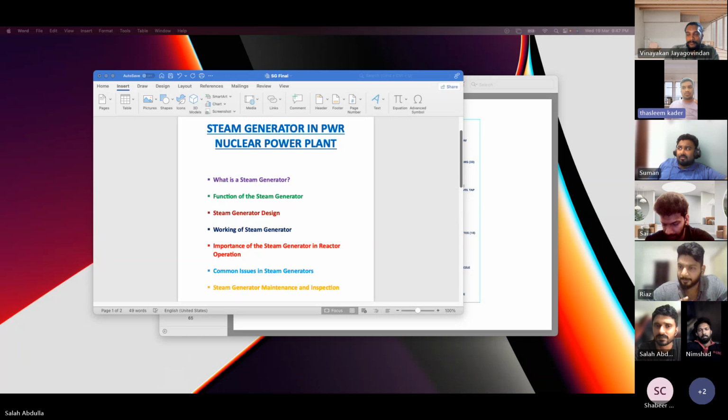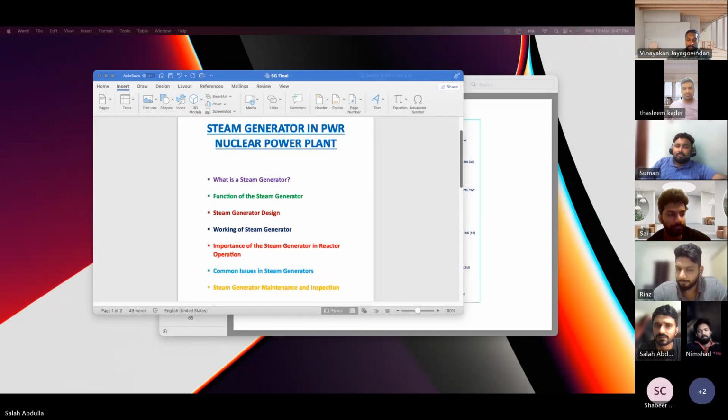It is then passed through the main feed water system with the help of these pumps, and then goes to the HP heater, the high pressure heater. So I think this high pressure heater helps to obtain this temperature, and then it goes directly to the steam generator.